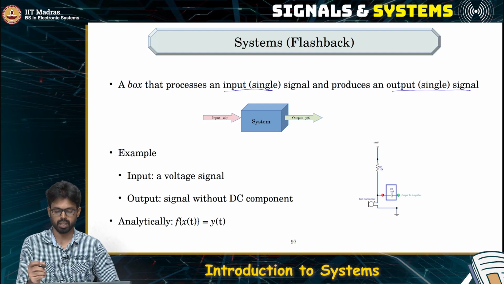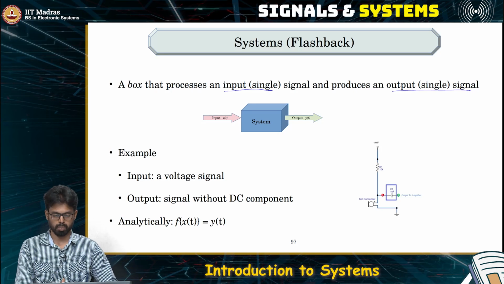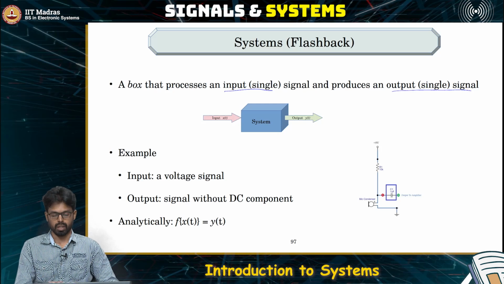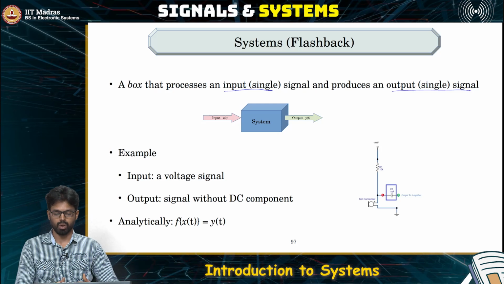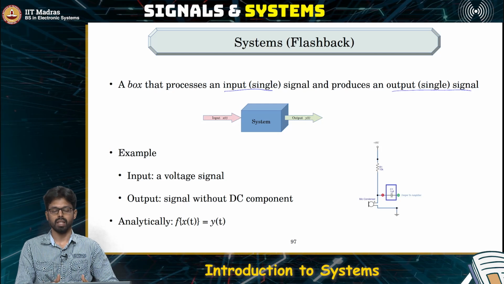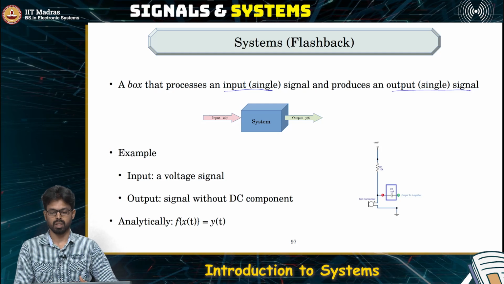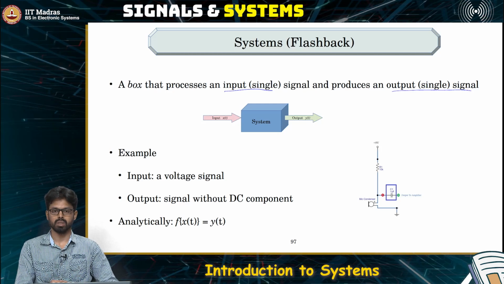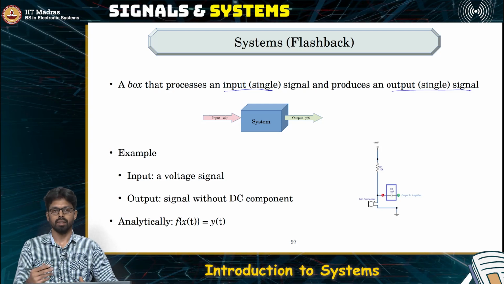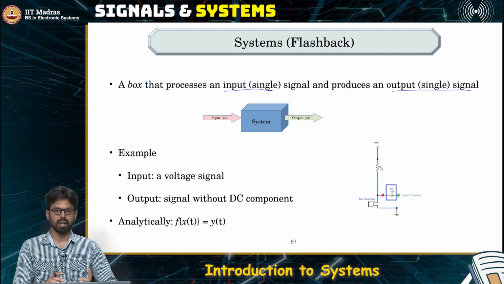It is possible that there could be systems which take multiple inputs and produce multiple outputs. For example, a phone takes input from your camera, from your microphone, and also from your battery, and then produces a radio frequency signal which connects to your base station, and other signals like the variation in the light intensity in the display and so on.